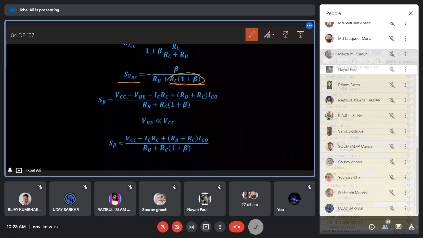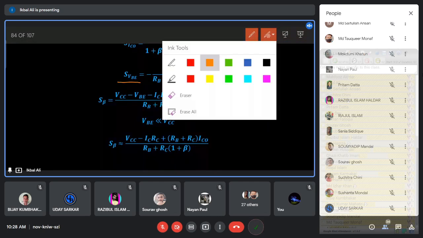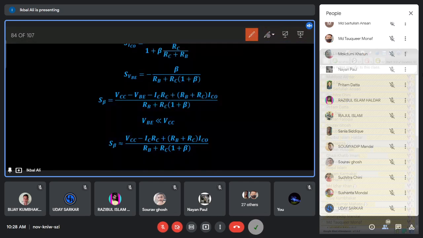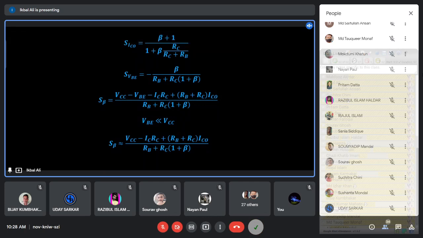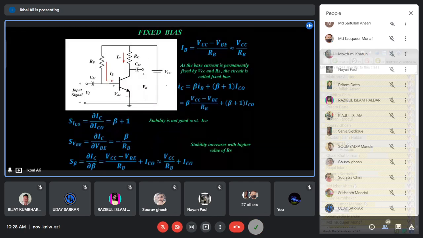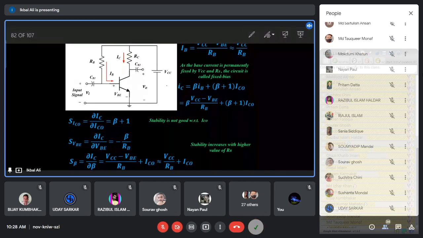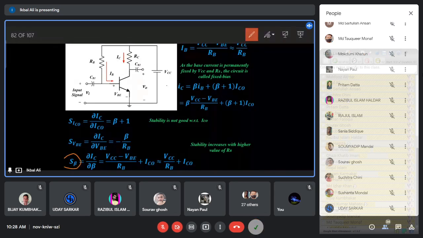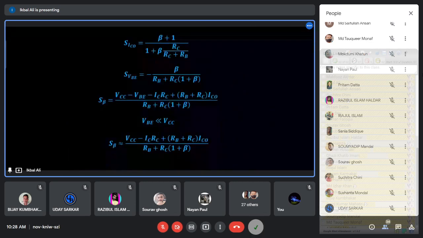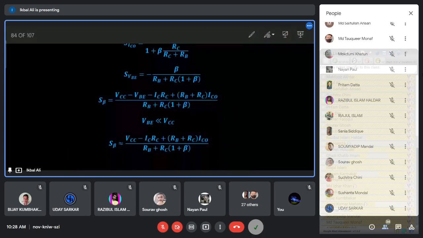Similarly, if you compare the expressions for S beta, in the case of S beta also you will see that there is an improvement. S beta here is this expression, and in the case of the collector to base bias circuit, the S beta becomes this one.